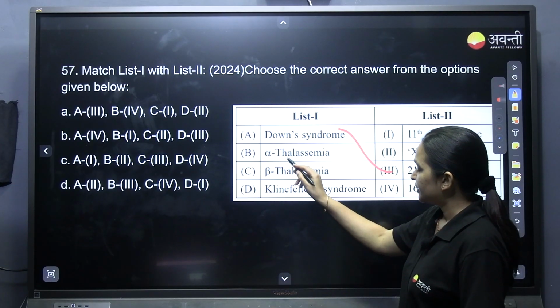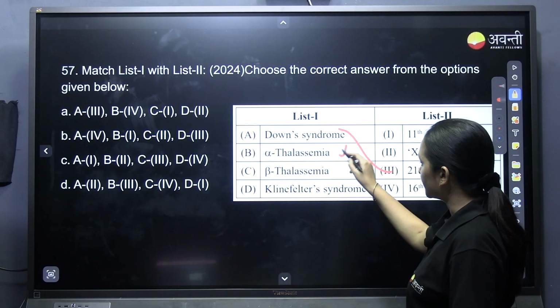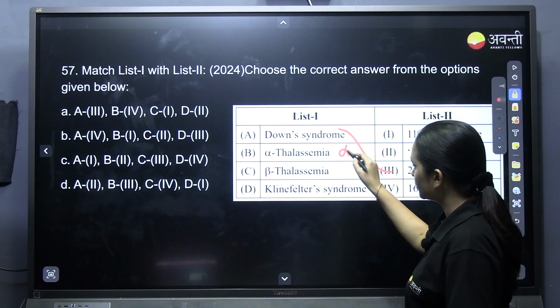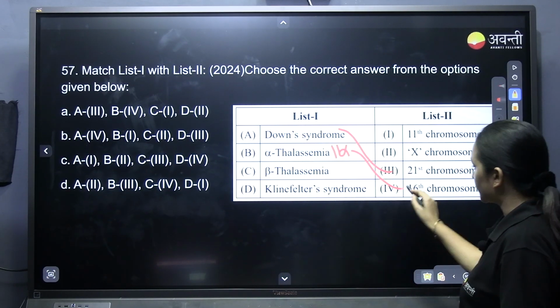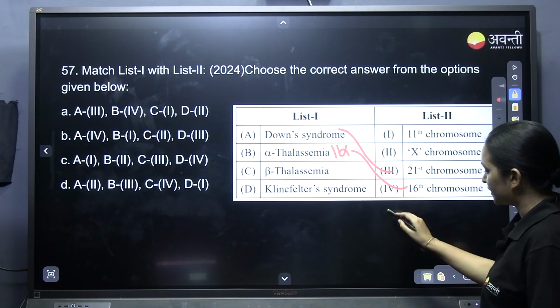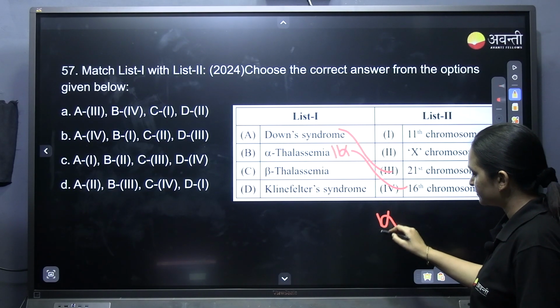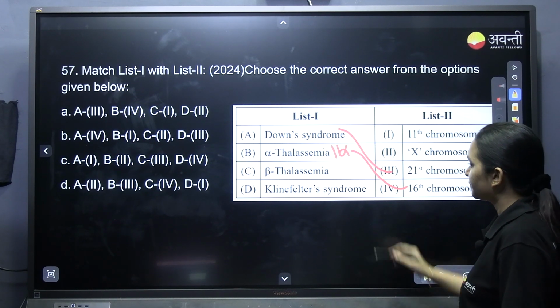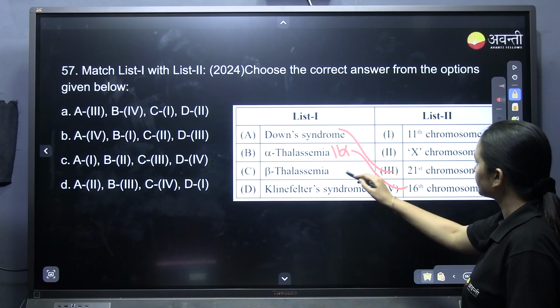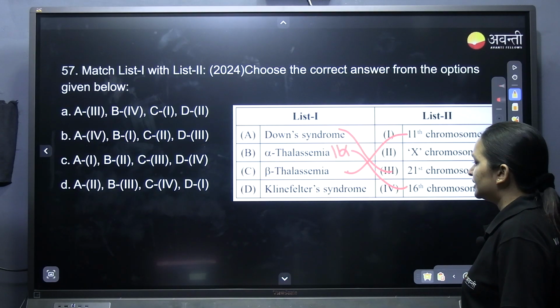Here, how do you write alpha? It has an oval shape, so make it 16. Somehow you remember it. Beta thalassemia is 11.